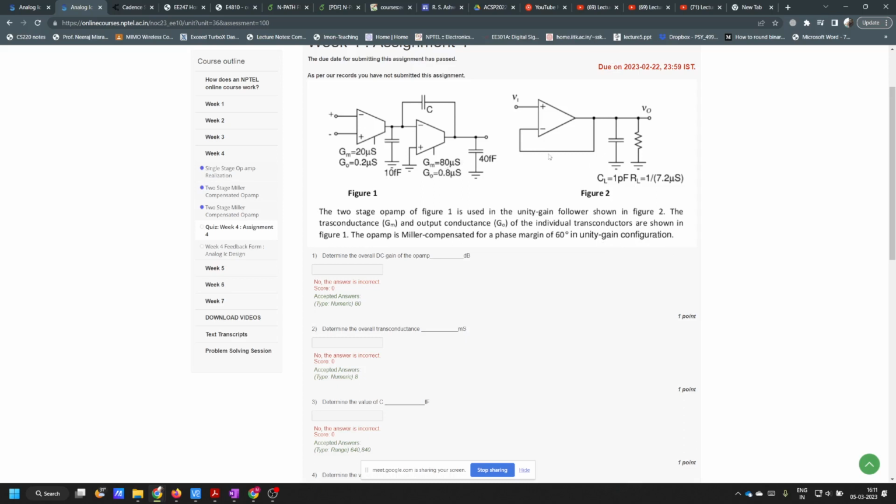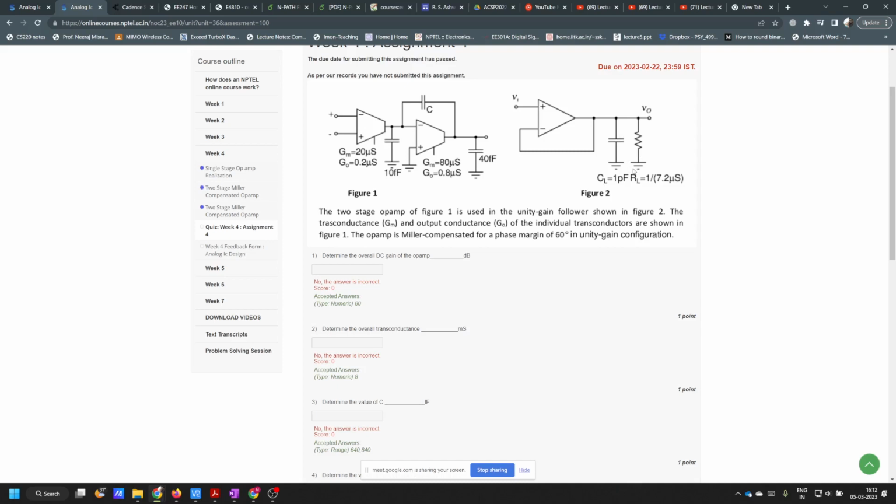So this whole block in figure 2 is compensated for unity gain configuration with a phase margin of 60 degrees. Naturally, when you want to calculate the pole positions and phase margin of this op-amp, you have to take into consideration these two loads here, because this op-amp is not going to be used just like that. It's going to be loaded by something. So the load capacitance will also contain this 1 picofarad.